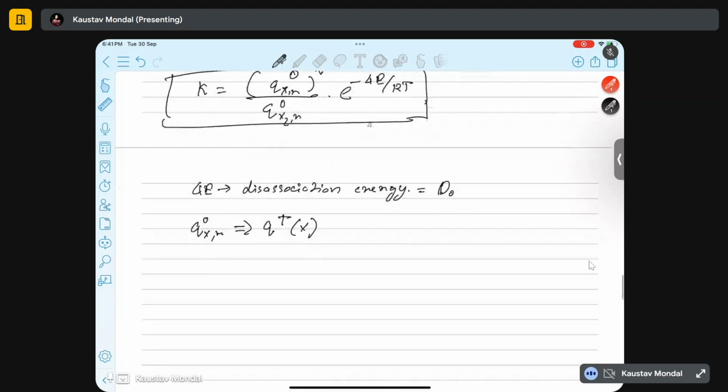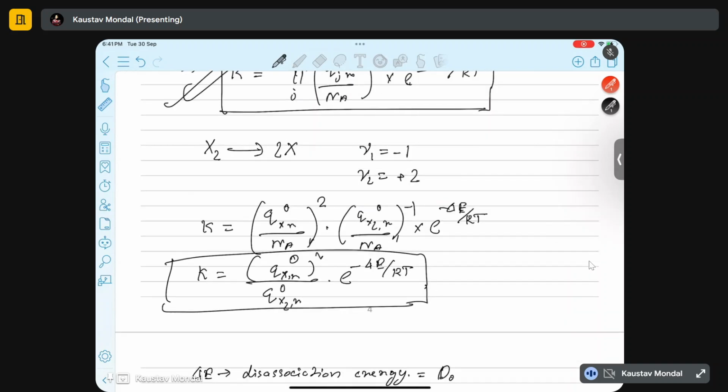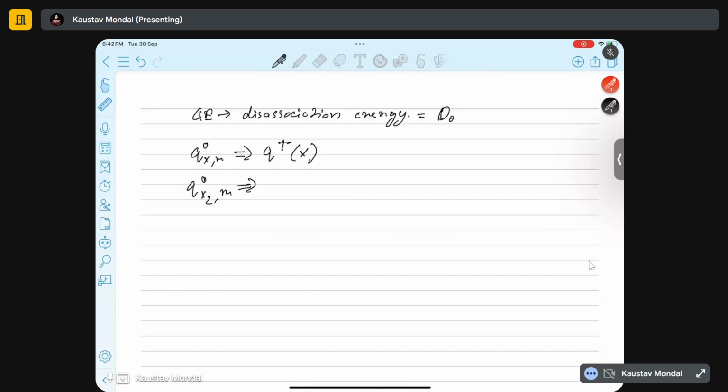Now for the case of X2, multiple contributions come because it's a diatomic molecule. So that means it has a rotational contribution, and also can have a vibrational contribution. So it has qtX2, qrX2, qvX2.